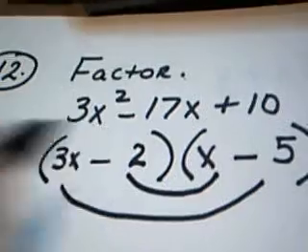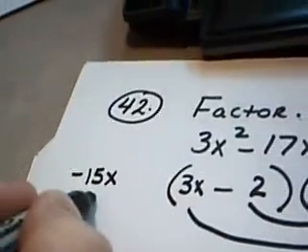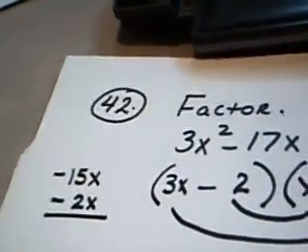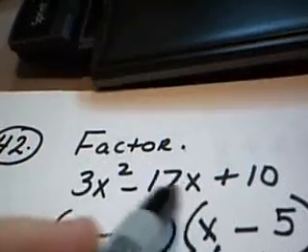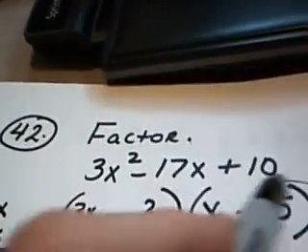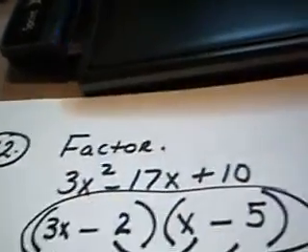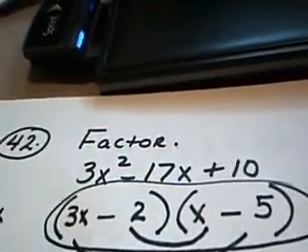The inner product gives me negative 2x. When I collect these, it becomes negative 17x, which lets me know that I'm cooking with gas because I have the correct middle term. So this is the correct factorization of my expression.